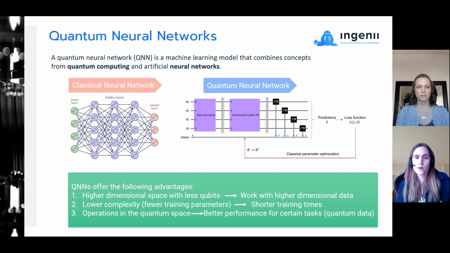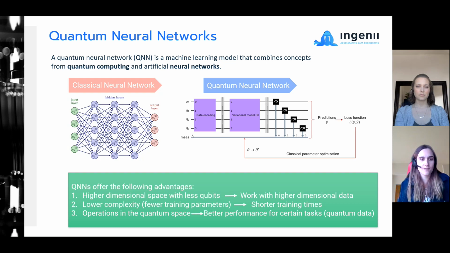So, for example, when you're working with quantum data, and by quantum data I mean data that represents any quantum mechanical problem, such as molecules or electronic interactions within materials, these sort of problems that are by definition quantum, applying quantum operations instead of classical operations can provide advantages in terms of accuracy of the models. So this is the third potential advantage.